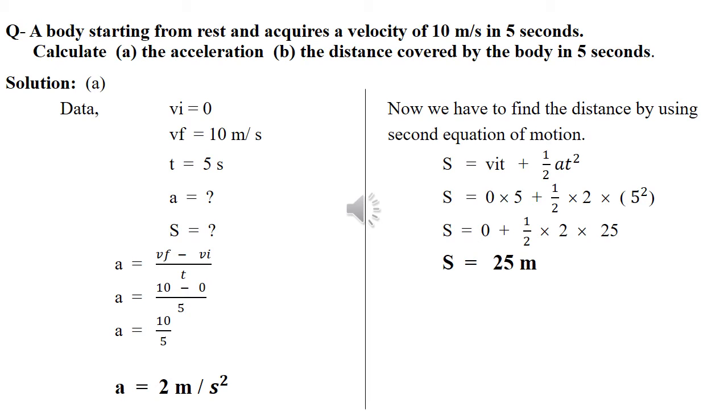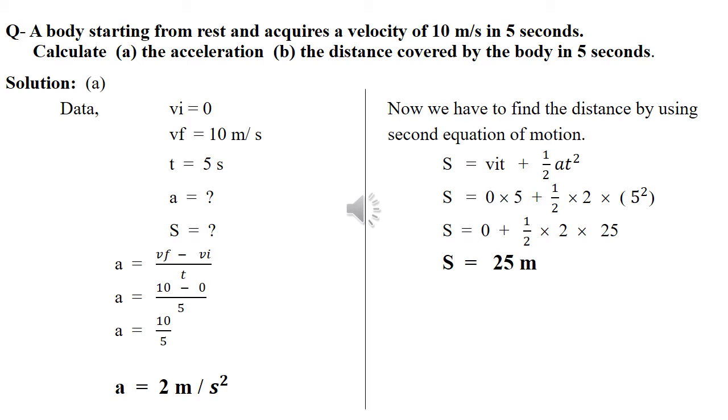So we have to find the acceleration, and we know from previous questions acceleration equal to Vf minus Vi divided by t, that means change in velocity per unit time. So we have to put the values here. Final velocity 10 meter per second, initial velocity 0, and time equal to 5 seconds.